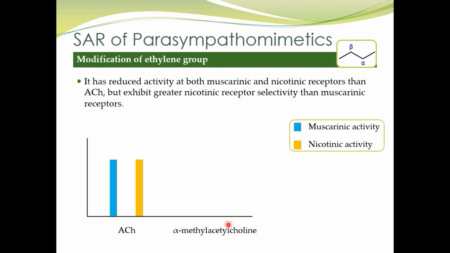Alpha methyl acetylcholine has reduced activity at both the receptors, but exhibits greater nicotinic receptor selectivity. Out of these two, nicotinic receptor selectivity is greater than muscarinic receptor selectivity.